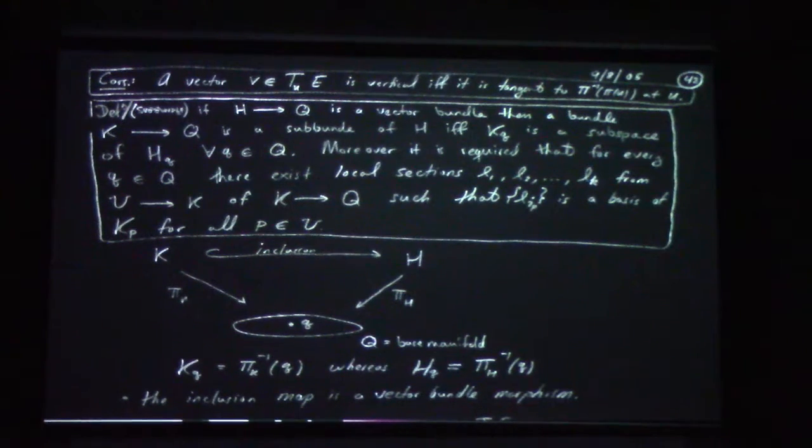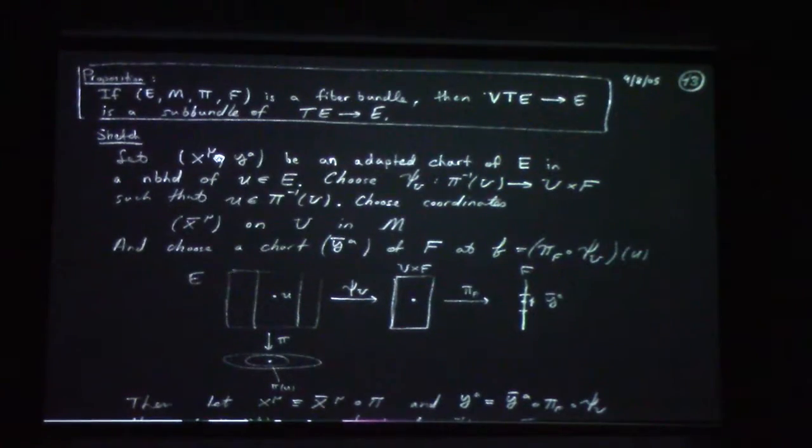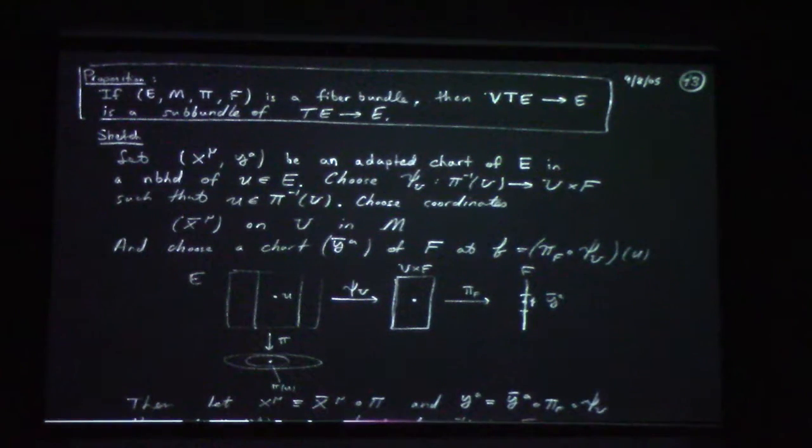Well, that's a subbundle of a vector bundle, but is that what we have? I mean, a principal fiber bundle is not a vector bundle, so what does that matter? Oh, but this is a vector bundle. Why? Is it a subbundle of E? No, it's a subbundle of what? TE.